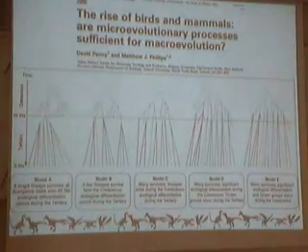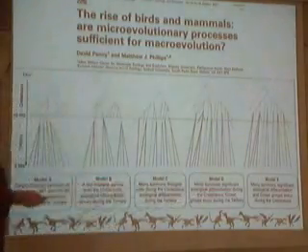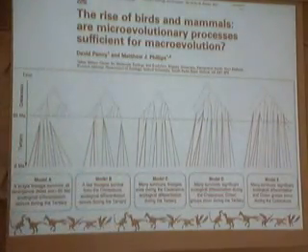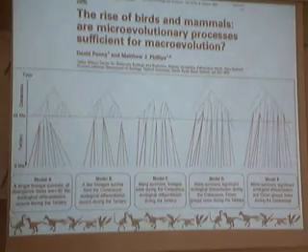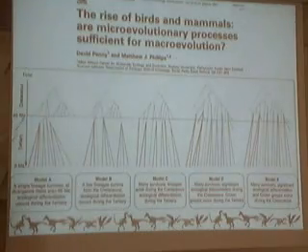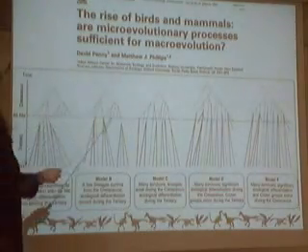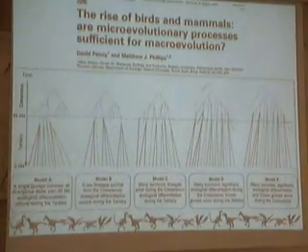And so what they do here is that they show 5 different models that you could start thinking about when it comes to the diversification of mammals or of birds. They take it as examples here actually. And so they have their KT boundary here in their models. And the different models are like this.